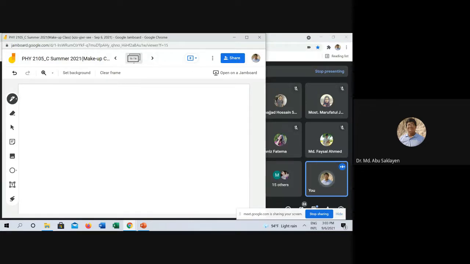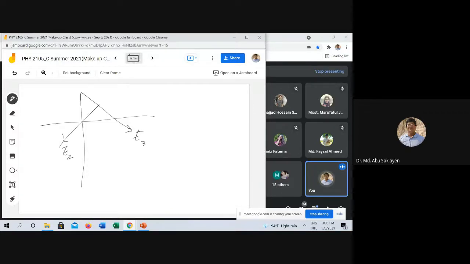Now again I am drawing it. So this is the hypotenuse and this is the direction of E3, right? And this is the direction of E2.